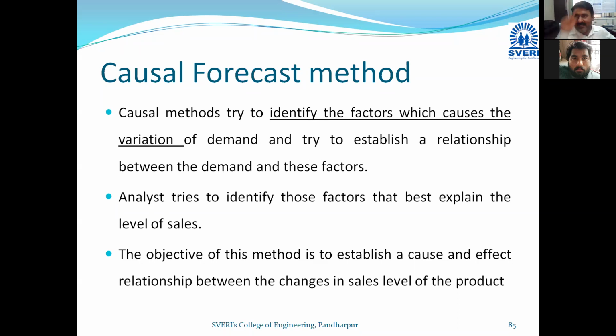So this is the sales level of any product. So establishing the cause and effect relationship. If it is 930, what are the causes and how is it affecting 930? If it is 1050, again what are the causes and how is it affecting? So cause and effect relationship between the changes in sales level of the product, changes in sales level, that is very important.